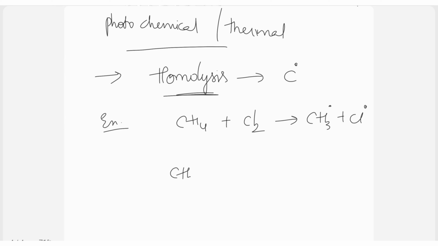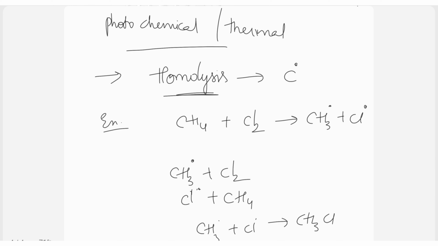Then methyl radical combines with chlorine, chlorine radical again combines with methane. Likewise the chain propagates, and ultimately methyl radical and chlorine radical combine to give methyl chloride. Likewise the reaction continues. So such homolytic reactions will generate free radicals.